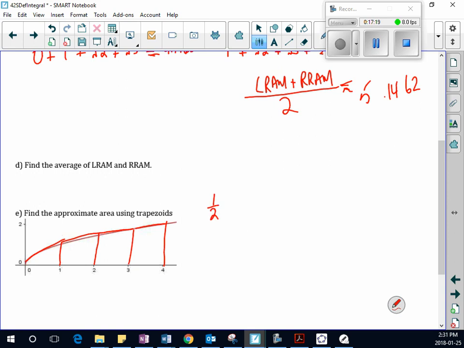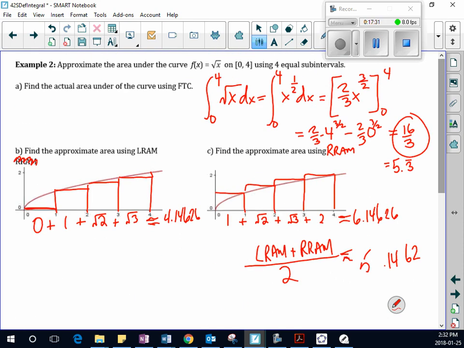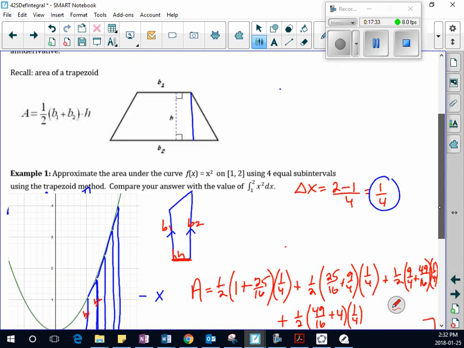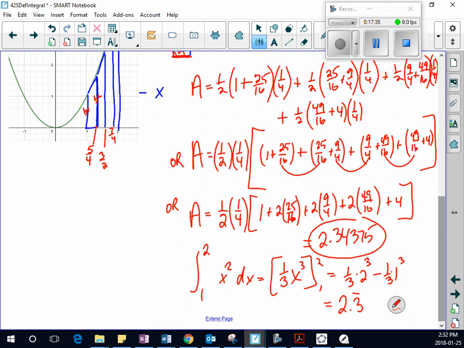A half times the width, which is... Oh, you're talking about actual numbers? No, remember I did the shortcut up here? Does everybody see what I did up there? Back here, I shortcutted this by saying, remember we had 2 of the middle terms and 1 of each end term? And so it was 1/2 times the width times all those added up. So that's what I'm going to try to do here.